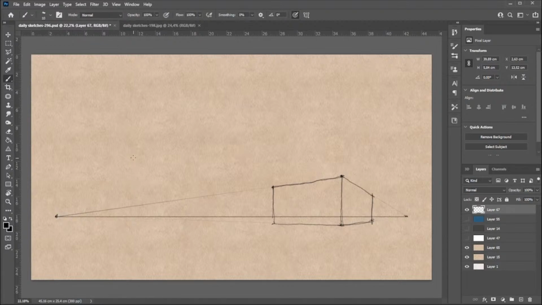For example, I can start with a line from here. Obviously this is above our eye level.